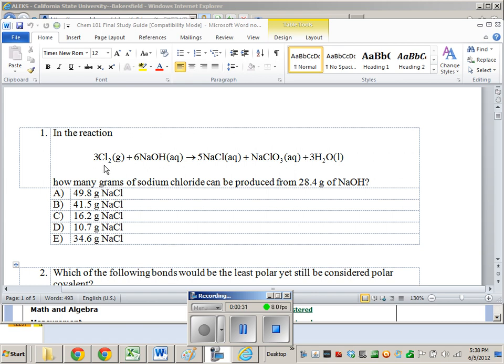so I guess I'm going to assume that it's in excess, or that it just doesn't have anything to do with limiting the reaction products, and that this is the limiting reagent.